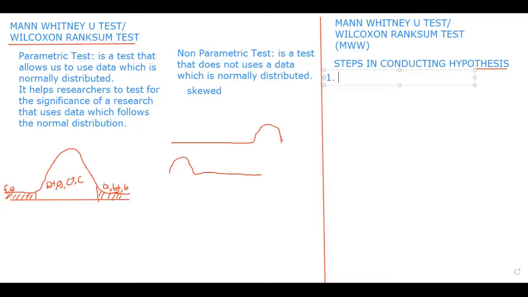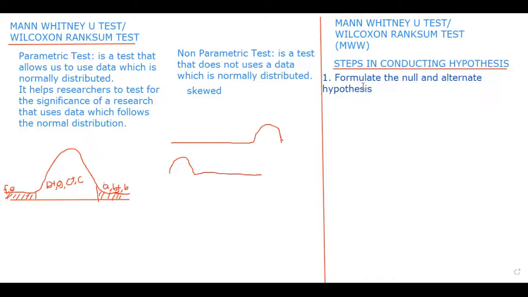Okay, so the first step is formulate the null and what? So that's the first step in every hypothesis. You get it? So we have to know how to formulate the null and alternative.